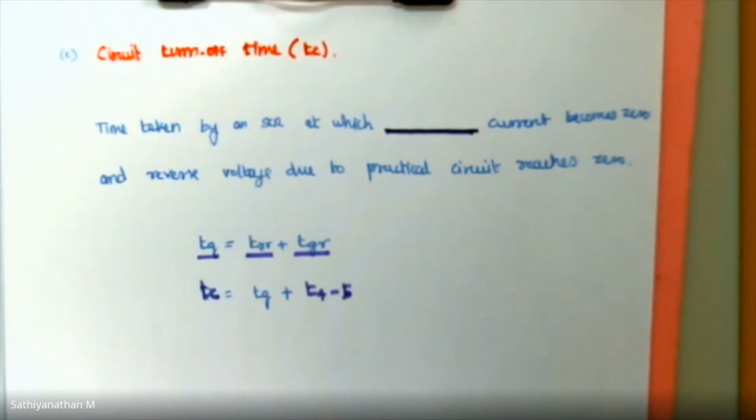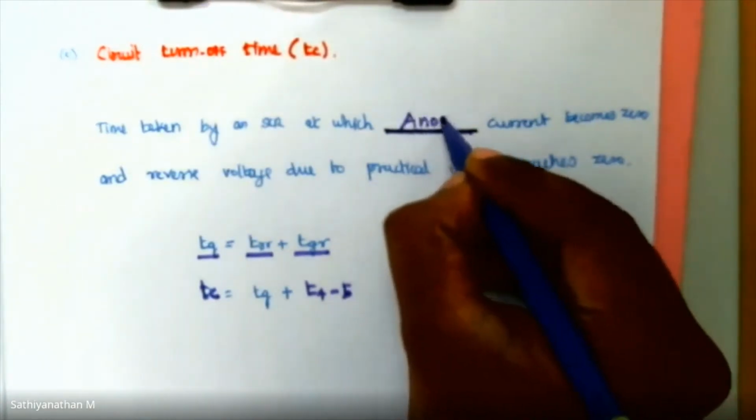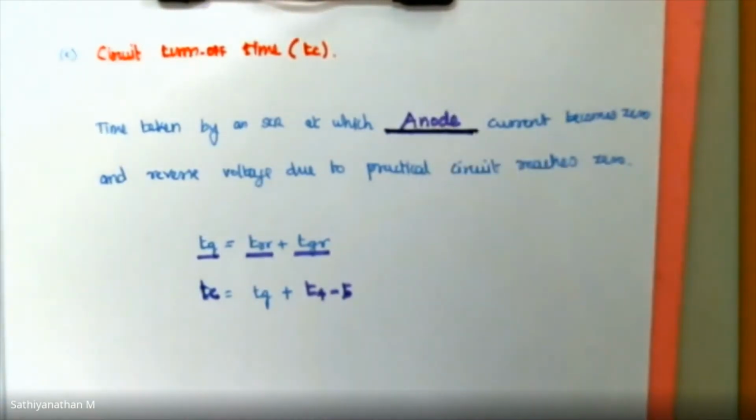Not IG, IG is a gate current. Actually, it is the anode current. So your anode current should become zero. Very good. The time taken by an SCR to reduce the entire anode current to zero is called the circuit turn off time.